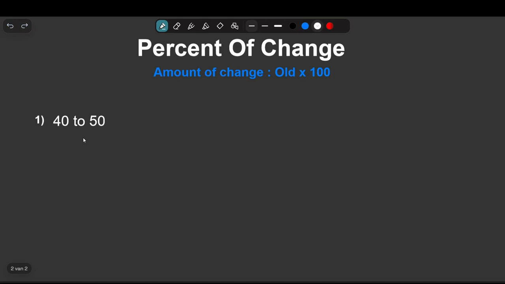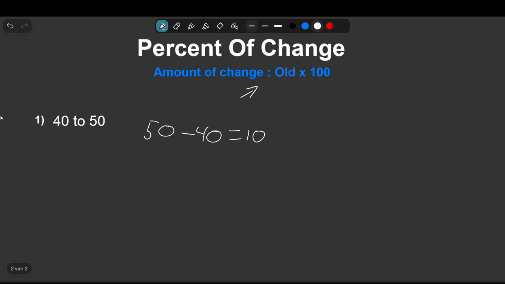So to find the amount of change first, we have to do the new number minus the old number. So we're going to do 50 minus 40. This will equal 10. Now, as you can see right here of the formula, now we have to do 10 divided by the old number.